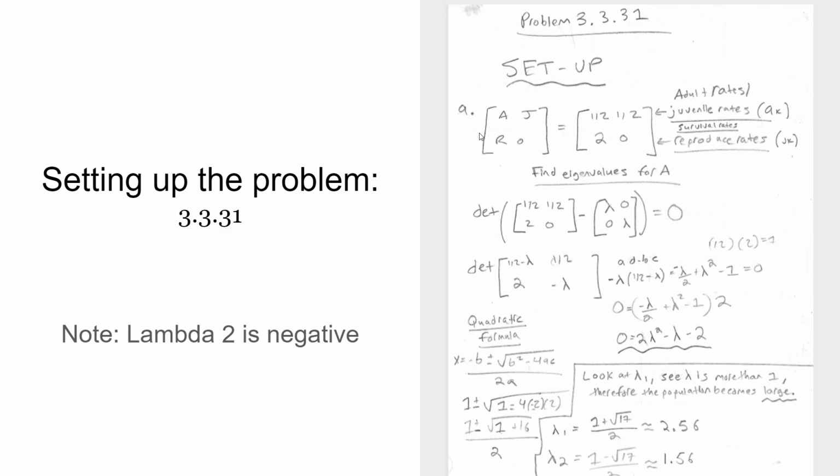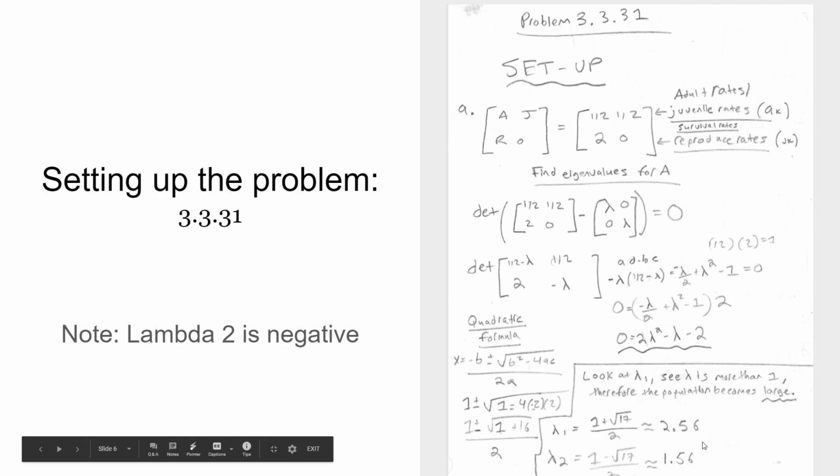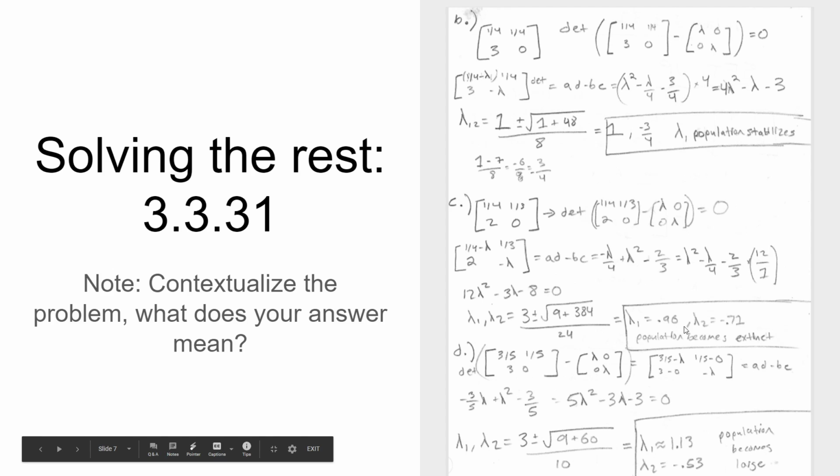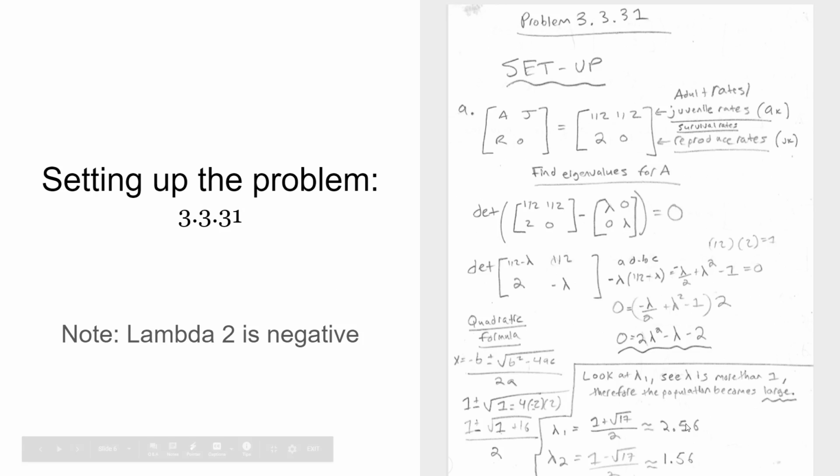So basically three steps: setting up the matrix, subtracting by this matrix, figuring out the determinant, solving lambda, and then interpreting. That's like 5 steps. So matrix, subtraction, determinant, solve, and interpretation. And this shows it the best.